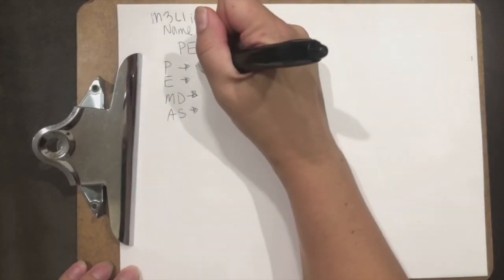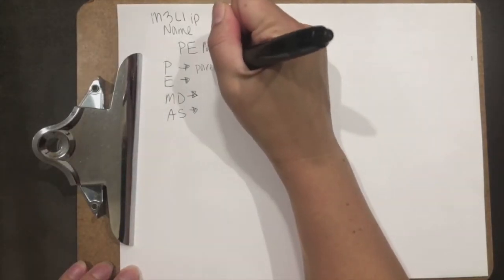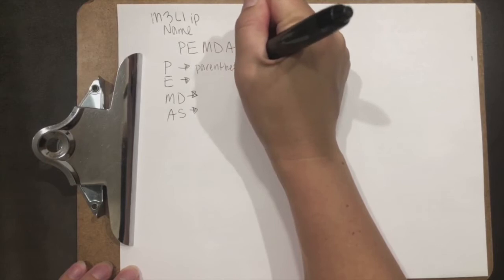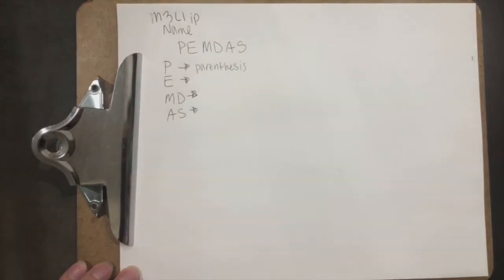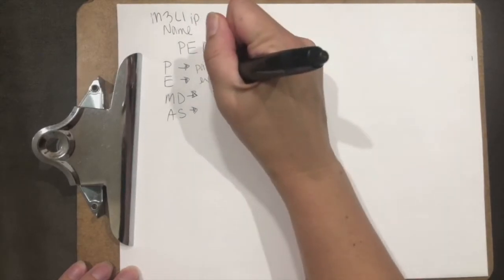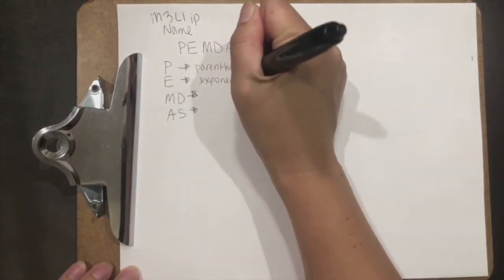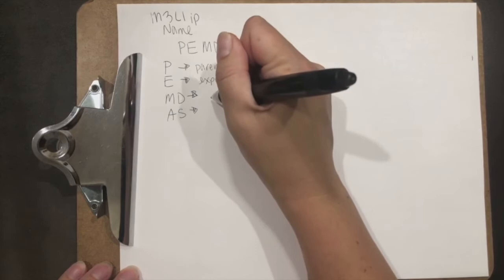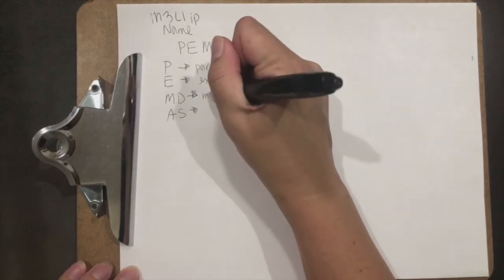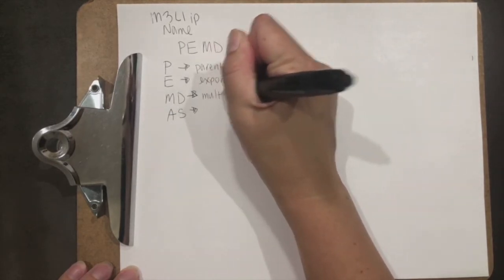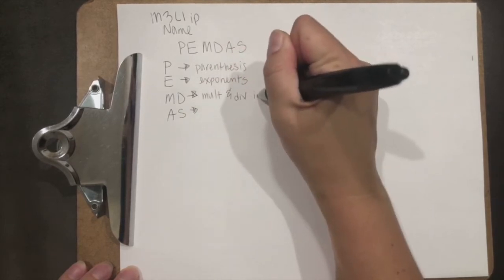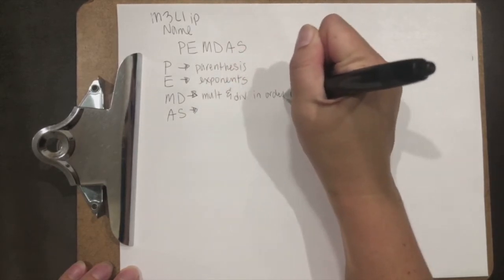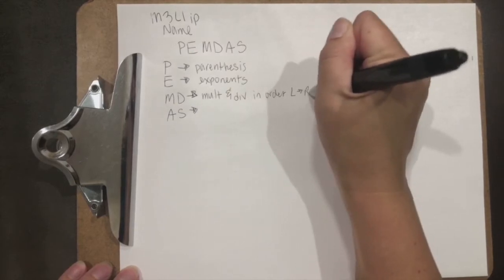Parentheses comes first. And then exponents. And then multiplication and division, in order, left to right.